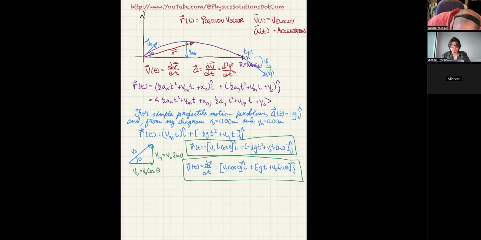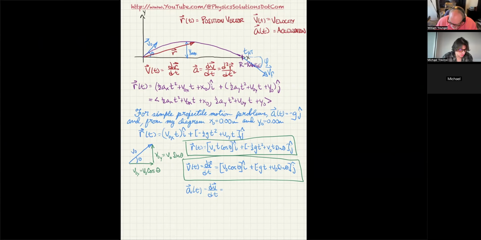The acceleration as a function of time, of course, a of t is just dv over dt. So I'm going to take the derivative with respect to time of v0 cosine theta. Do you see any t's in that? The derivative of v0 cosine theta? There's no t in it, is there?